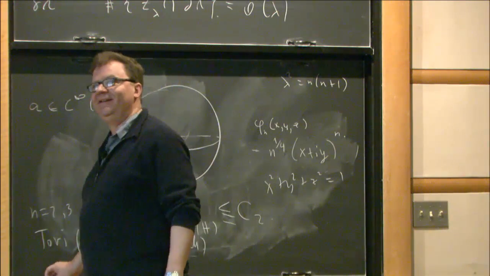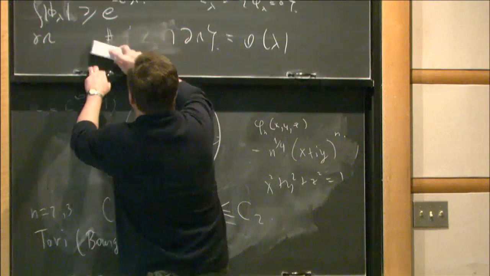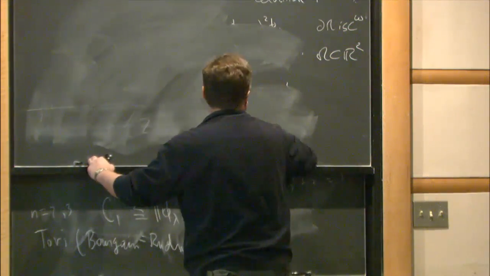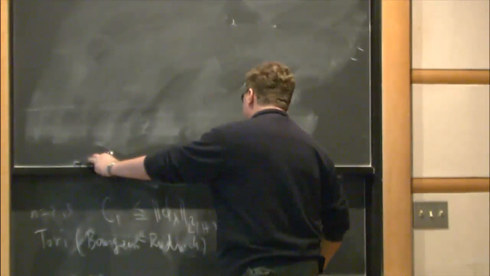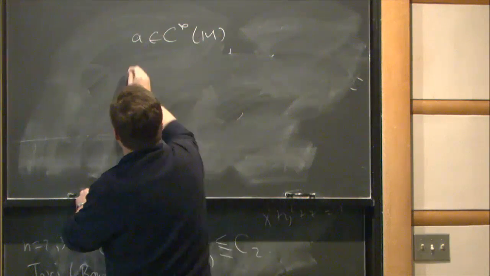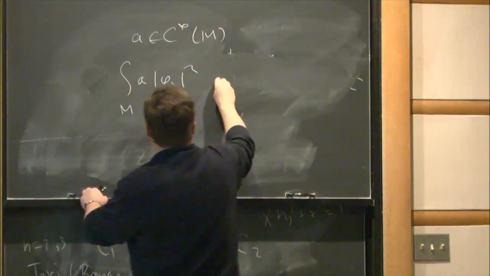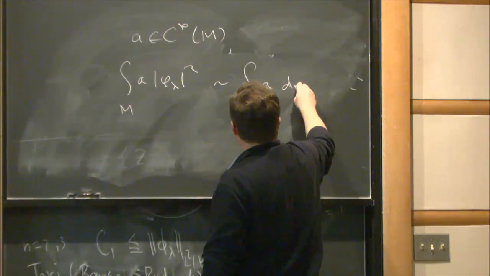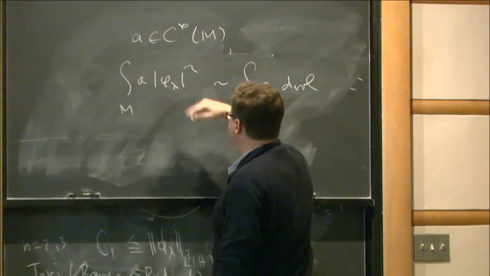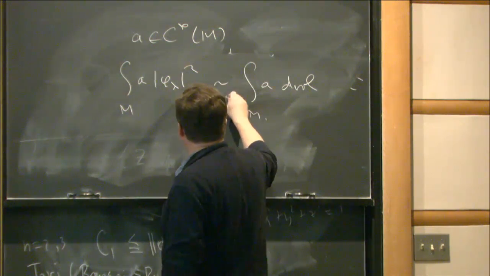So in the case of functions, all this says is the following. It's much more general than that, but if A is a smooth function, then what this says is that if you integrate A against the absolute value of phi squared, then this is the integral of A with respect to the volume measure, as lambda goes to infinity.